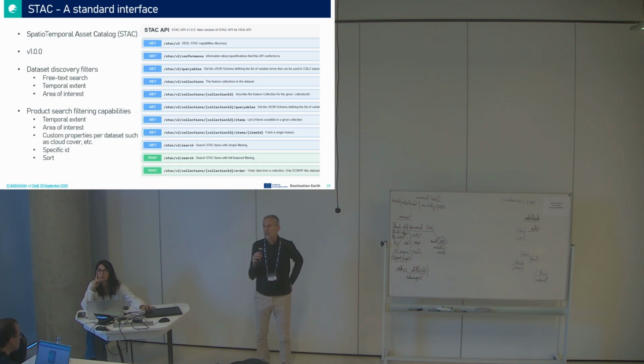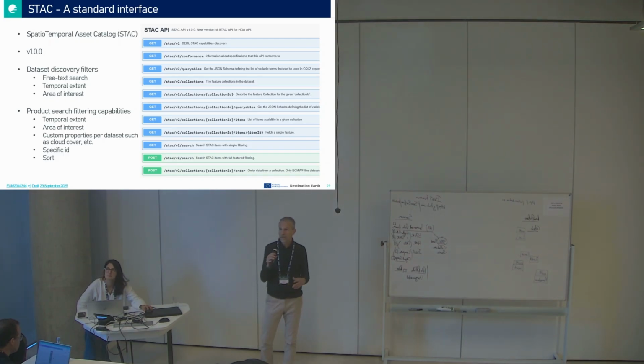This is an example of how the STAC API is being listed. My colleague is stuck at the airport, so he wanted to do the presentation because they implemented that one. It's STAC, the interface. It's version 1.0.0. You can discover the data sets, do free text search, specify a temporal extent and the area of interest, and then you find the data sets matching these different criteria.